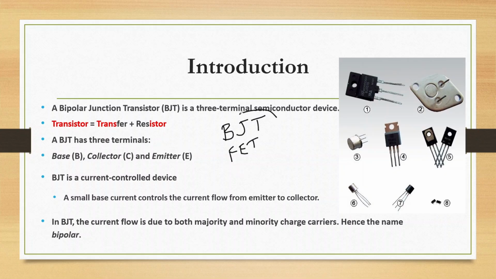In this particular video, we'll be concentrating on bipolar junction transistors, and in my further videos, I'll be discussing the FET also, that is field effect transistors. Here the BJT, as I told, is a 3-terminal semiconductor device.